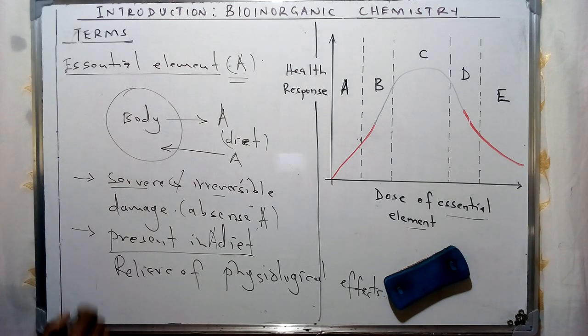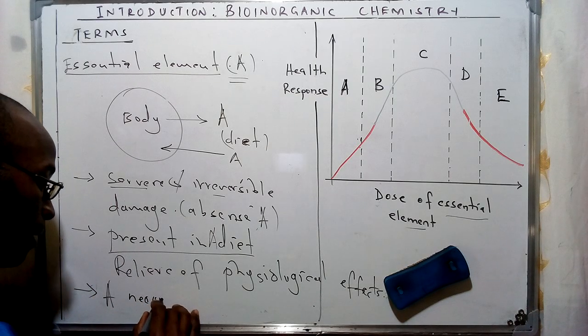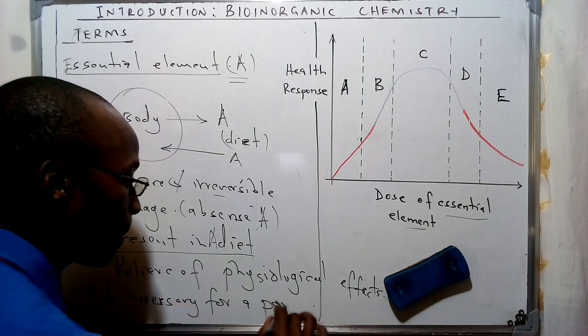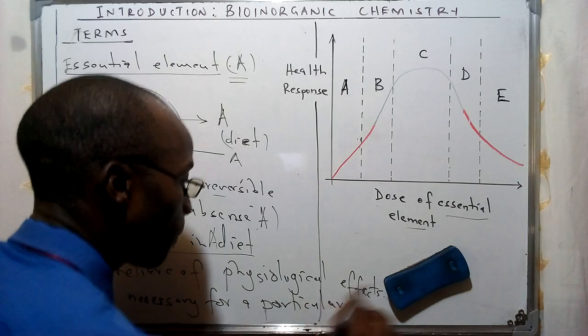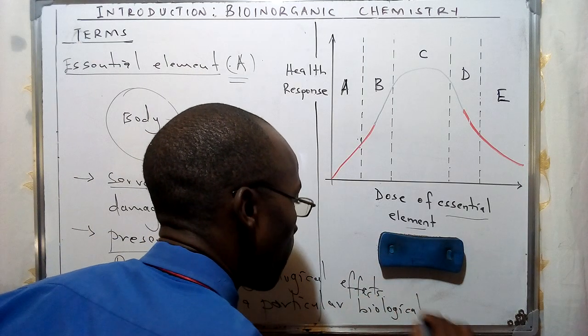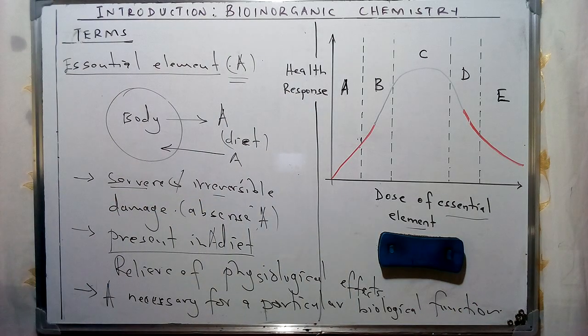And in some cases, we're going to see that we can have this specific element A, which is necessary for a particular biological function, and therefore this specific element A is going to be regarded as essential.